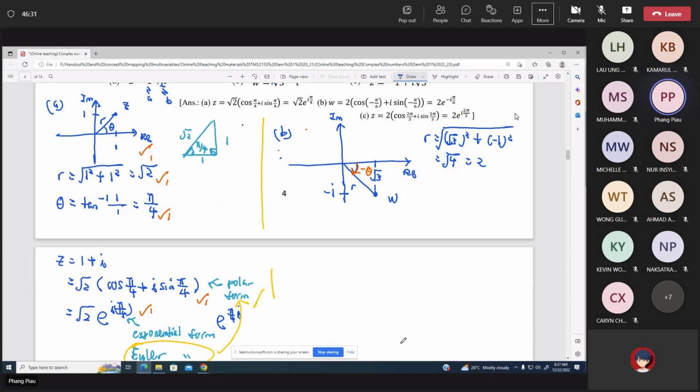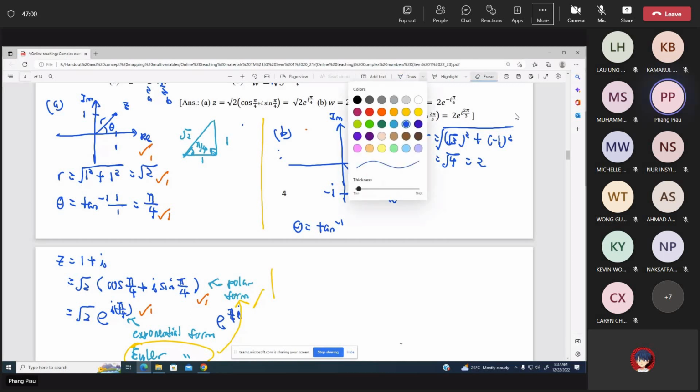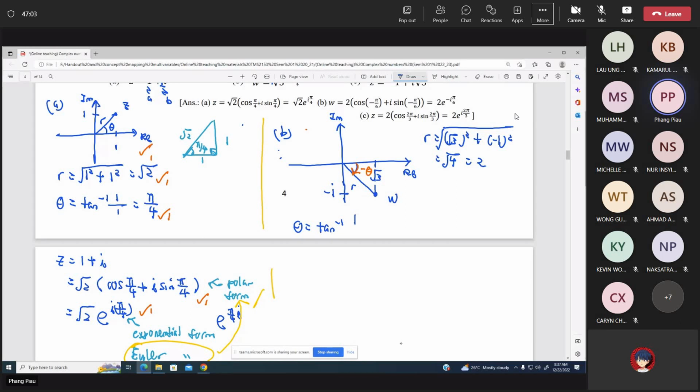So for the theta, usually I will not try to straight away find the negative theta, but I limit myself to this quadrant number 4. We just ignore the negative because we just take the length, which is y over x. So your y is 1, you don't have to put it as negative 1.